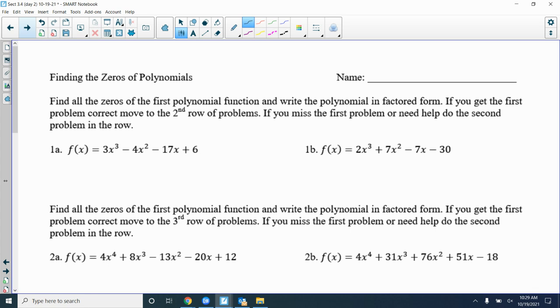Like I said, as you get one done, check your answer, and number 1, A and B are both on the same thing. Just lift it up and you'll see the answer. So it's either 1 over 3 or 2 over 3.